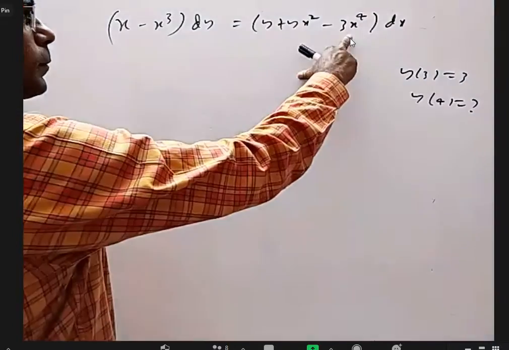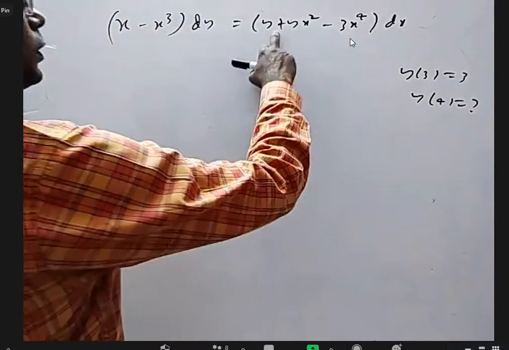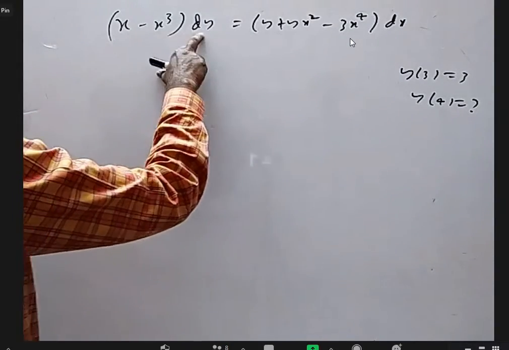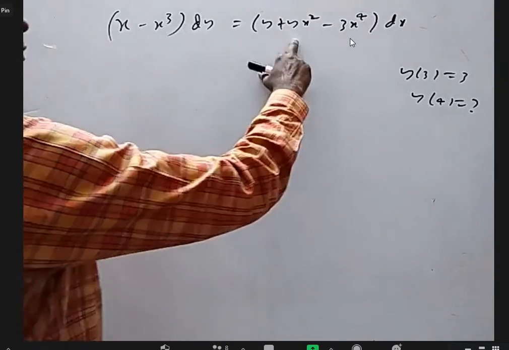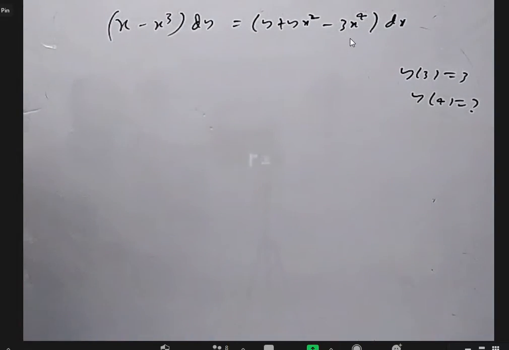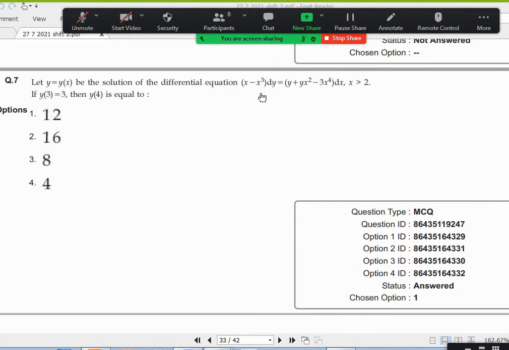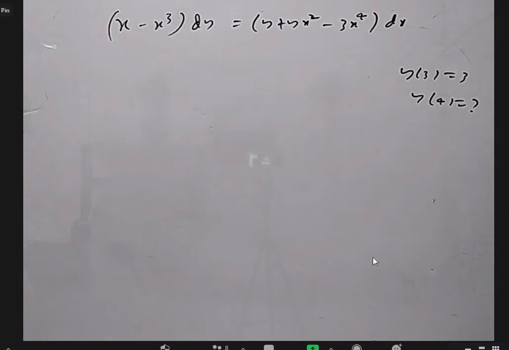I can integrate y dx is there here, x dy I can integrate, x cube dy is there, y x square dx. So I have to combine that. If there was 1 3, it would have been easier, but you don't have. Okay, let us just do it normally. We'll see then anything else.